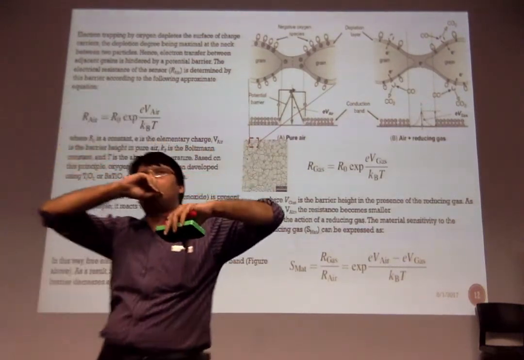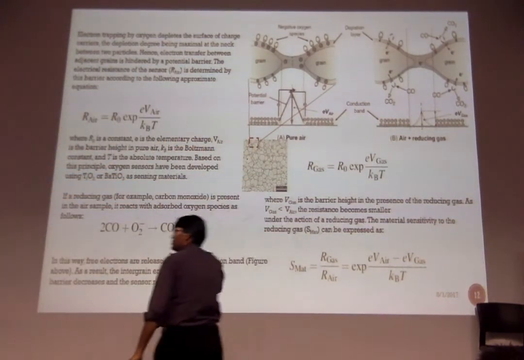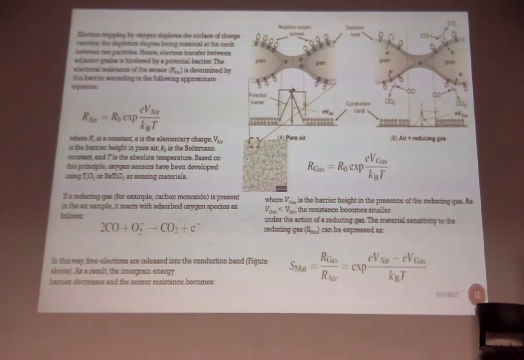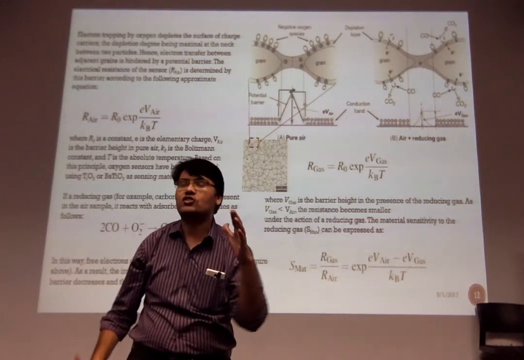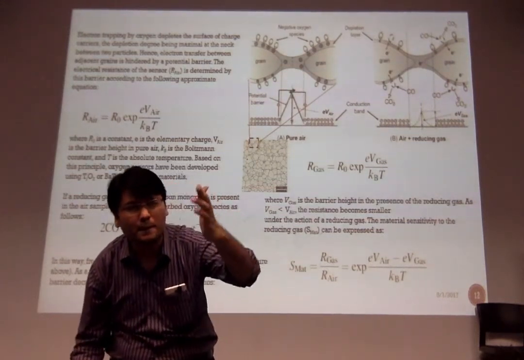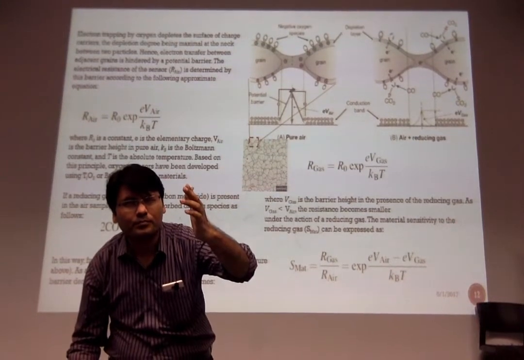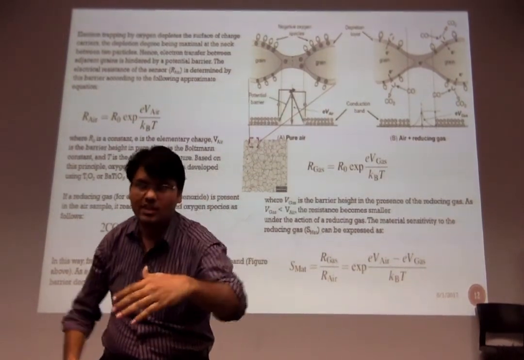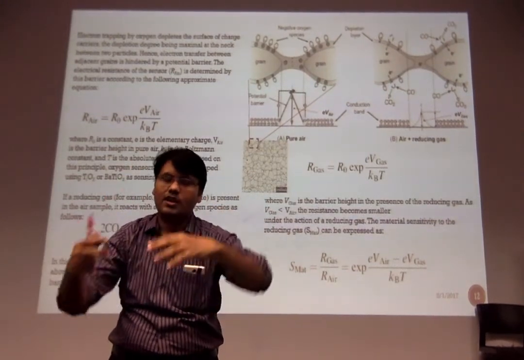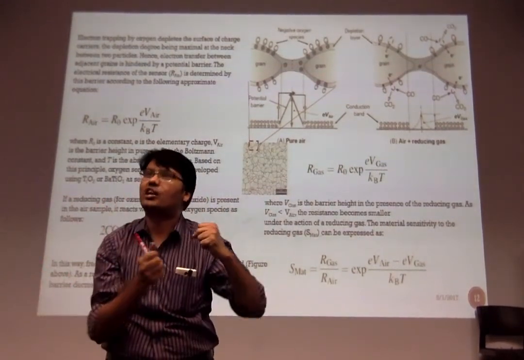So the more the oxygen, the more the electrons cannot move, so the resistance will be higher. If the oxygen content is more, the resistance is going to be higher, because I have this barrier a lot and the electrons cannot move.